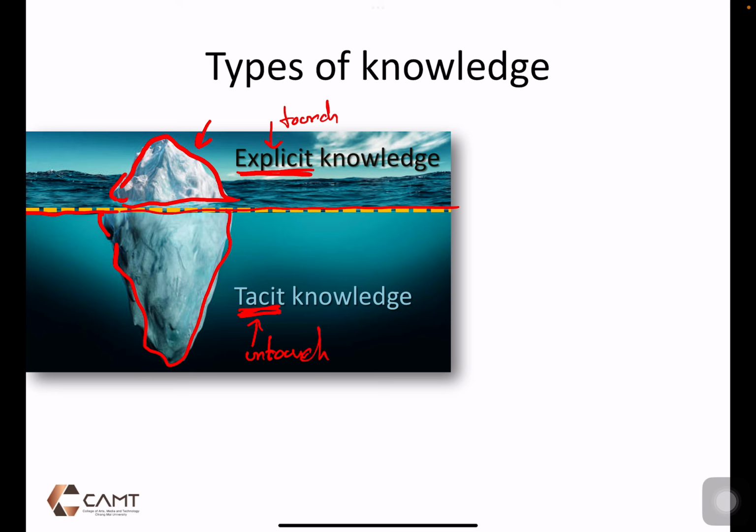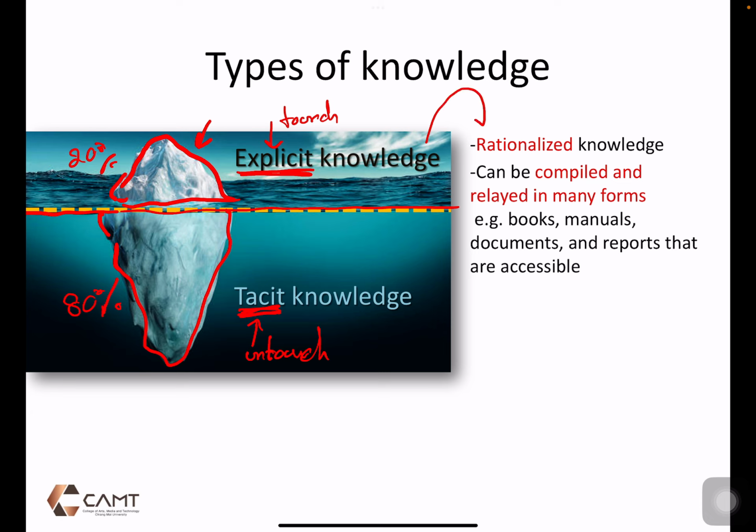And you can see the ratio or amount. Under the sea is much more than above the sea. Based on the theory, under the sea, tacit knowledge is 80%. Above the sea level, explicit knowledge is 20%.